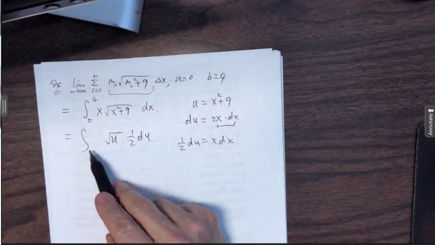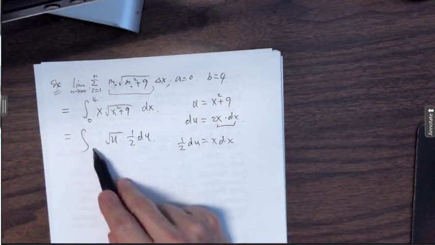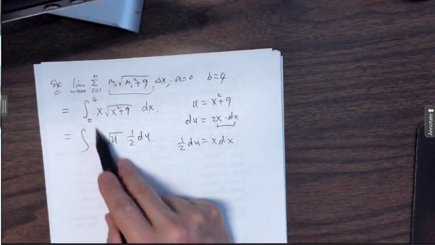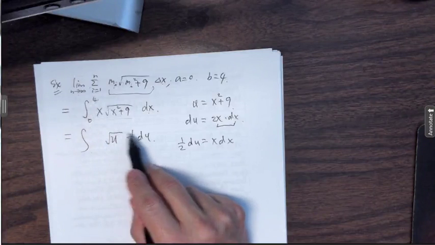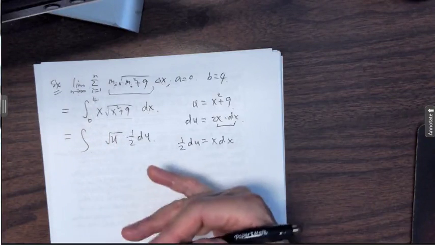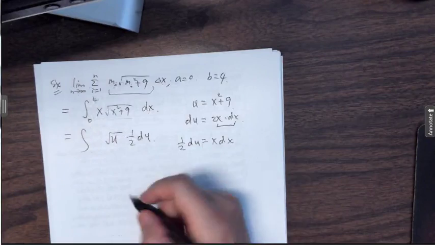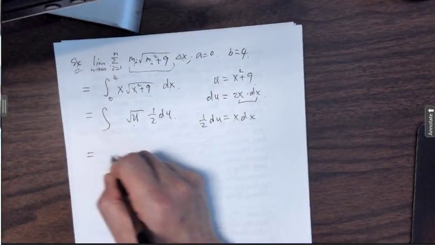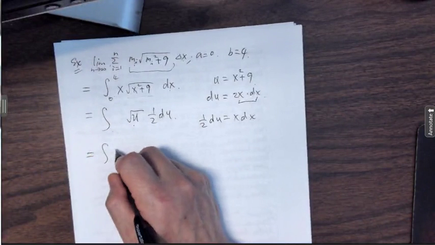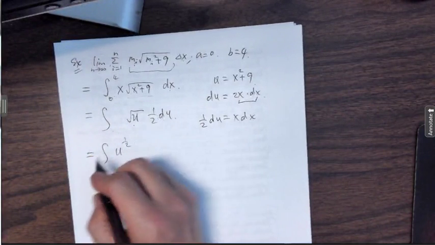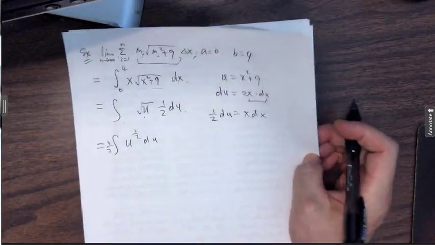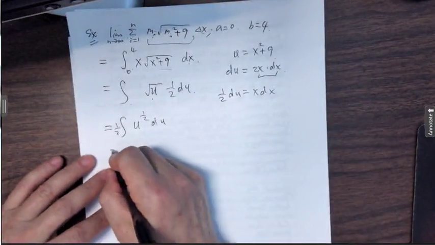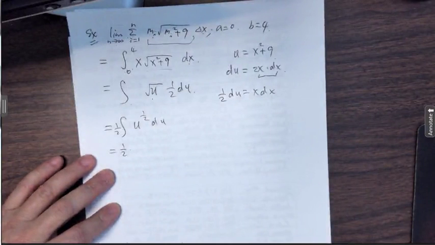Now, I'm not worried about the change of the limits, because I'm going to use the original limits once I find the antiderivative and bring back x. So this is basically the power. By the way, the half constant factor goes in the front, then just apply the integral of power formula.